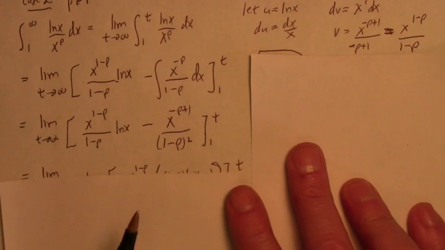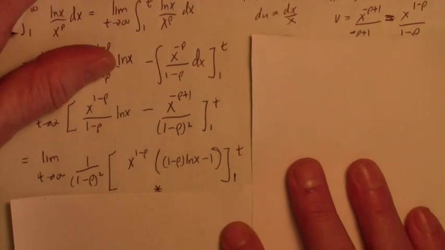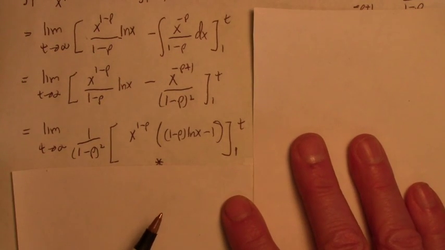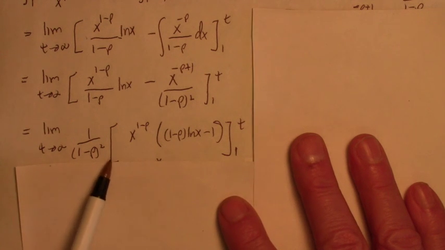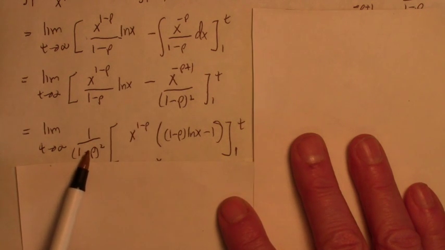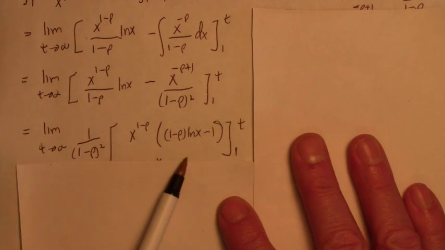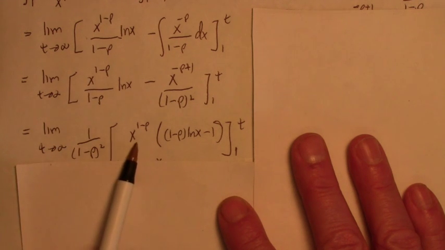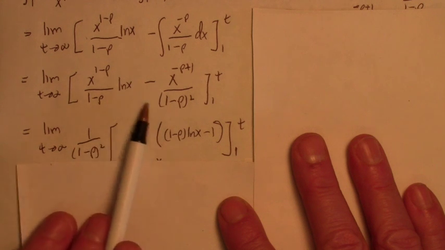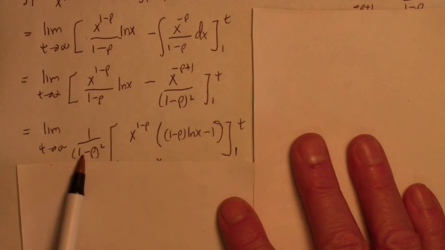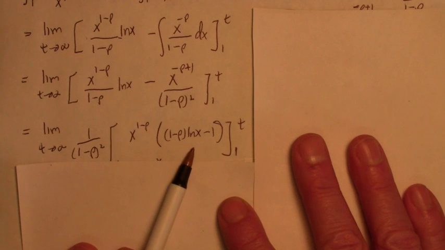Anyway, we're ready to evaluate this. This is the messy part, I think. I simplified this a little bit. I factored out the 1 over p squared from both of them, found a common denominator, and then factored out the 1 minus p quantity squared. You can check me on that by multiplying back through.